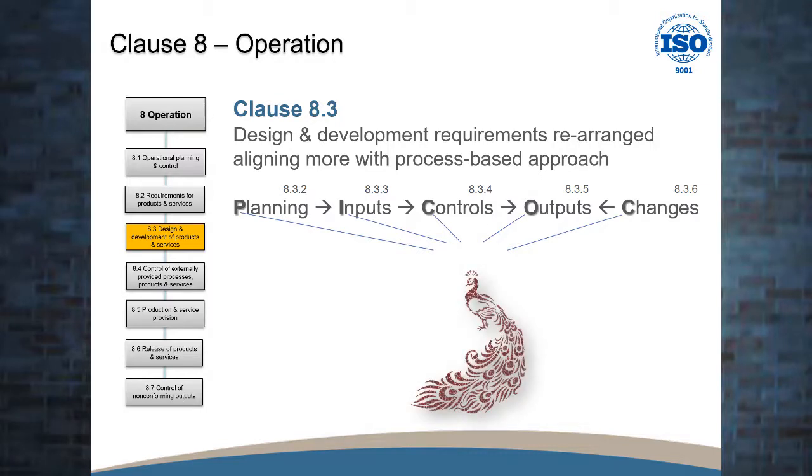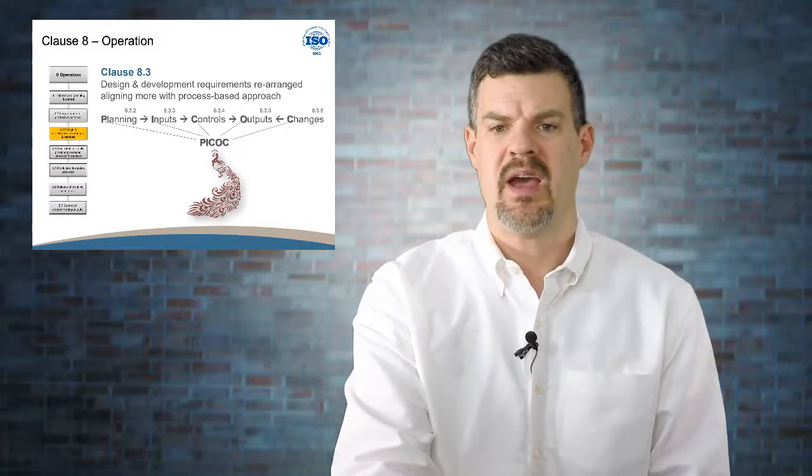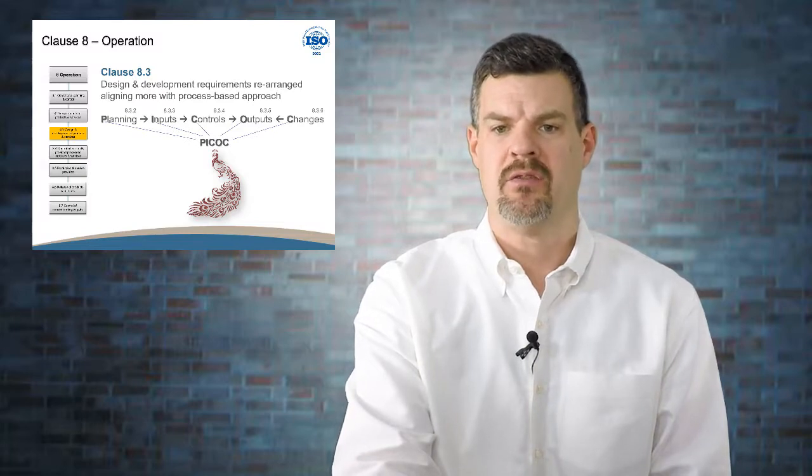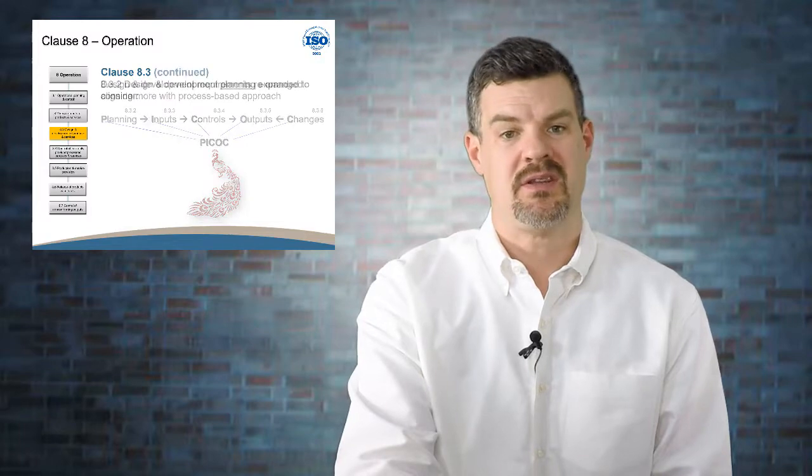And one of the things that I use as a memory jogger here is PICOC: planning, input, controls, outputs, and changes. I like this. I like the layout. It seems more process friendly and certainly at least makes sense to me.